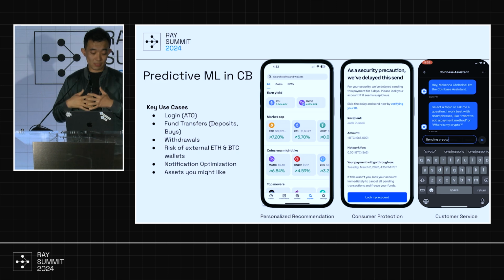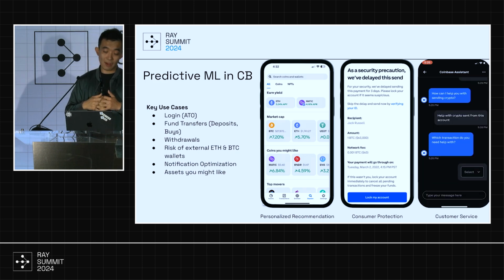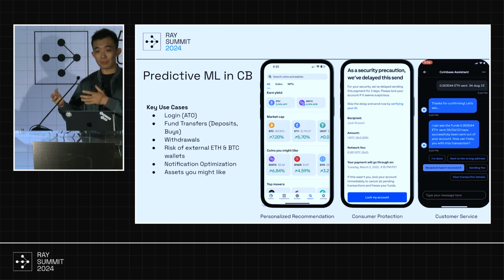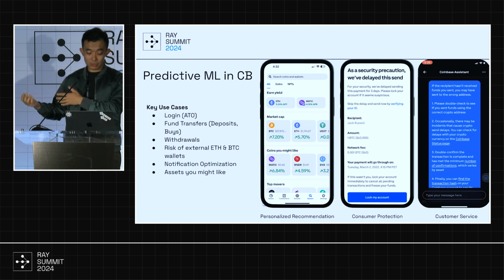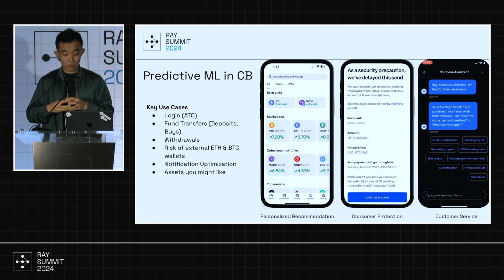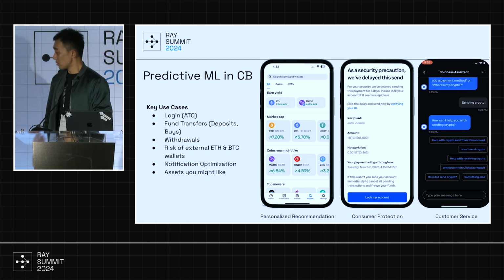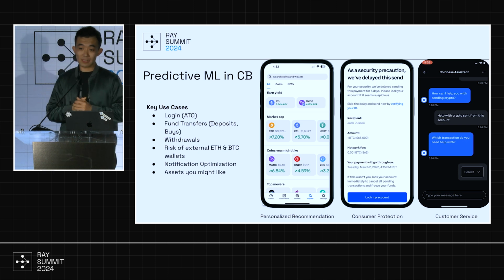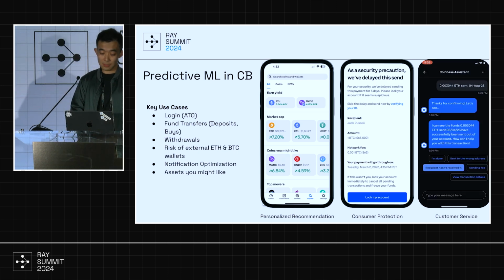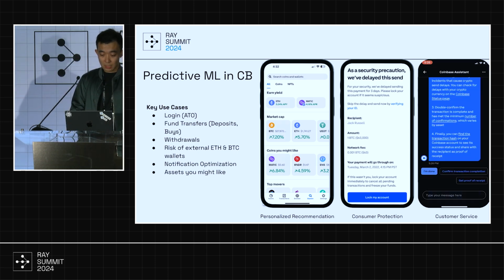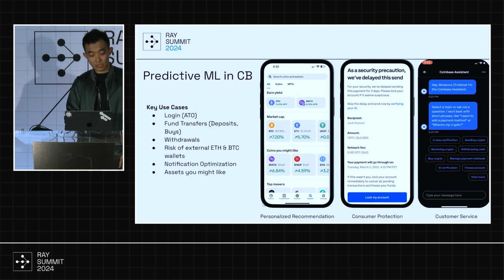We also have some notification optimization, like assets you might be interested in, assets you might like, and something related to the CBGPT chatbot or customer service experience. That's the overview of our machine learning.